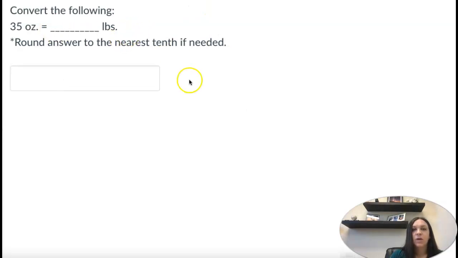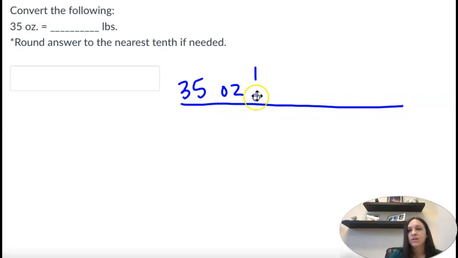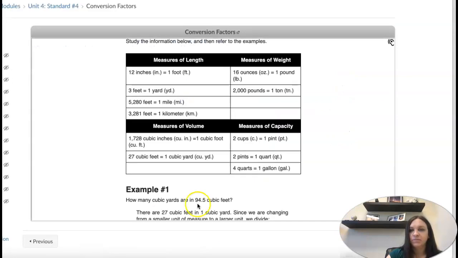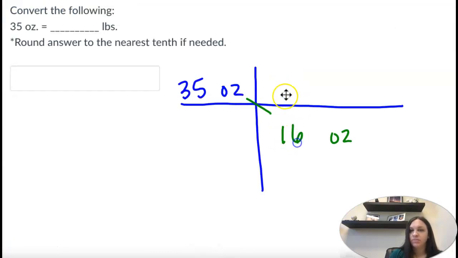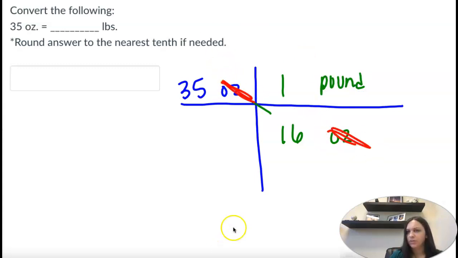Okay, ounces to pounds, so 35 ounces. And again, I need to find ounces to pounds, hopefully. Right there, 16 ounces is 1 pound. And again, we get to stop there. We should have started with these ones.